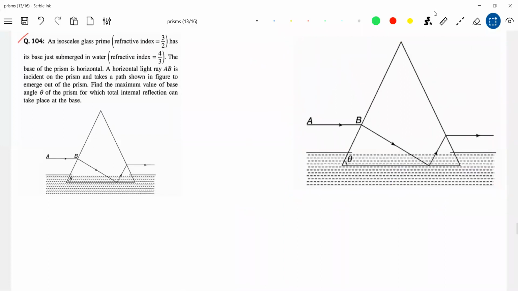Let's take a situation like this here. This is a normal, and here one more normal. It may not appear 90 degrees, but it is 90 degrees, because it's a normal, no?